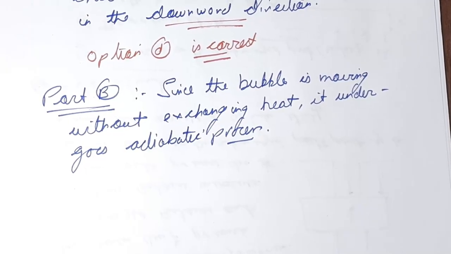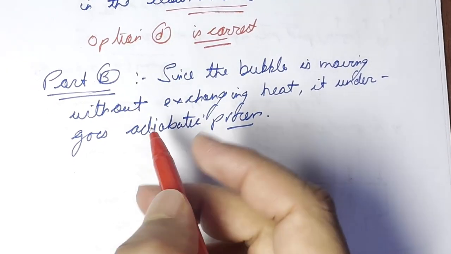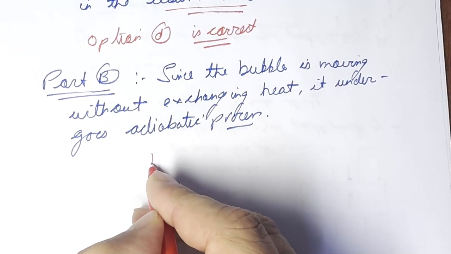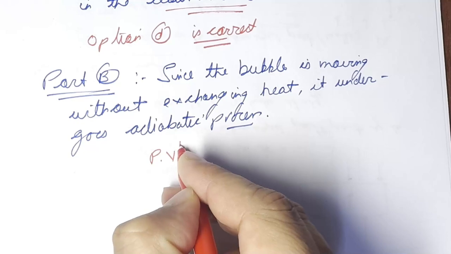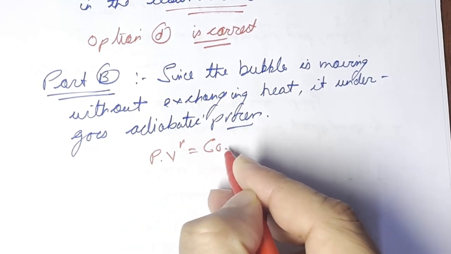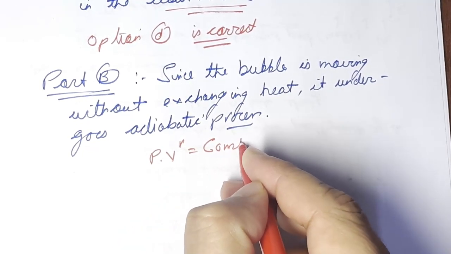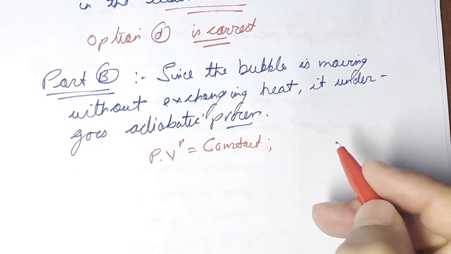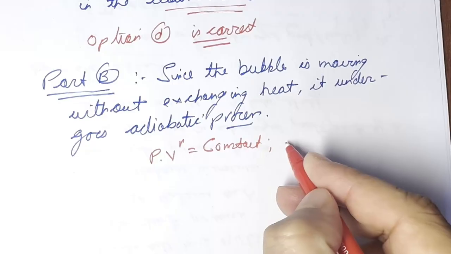And we can write the equation for that also. So we can say PV raised to the power gamma is a constant, and the value of gamma is given as 5 by 3.